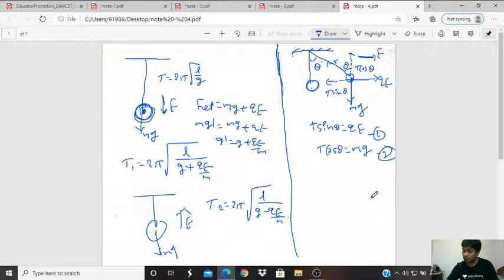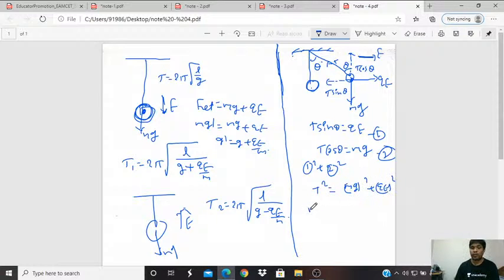Are you there, boys? So here what is the net time period? See, net tension. Square and add. What will you get here? T square sin square theta plus T square cos square theta, that is T square equal to Mg square plus QE square.